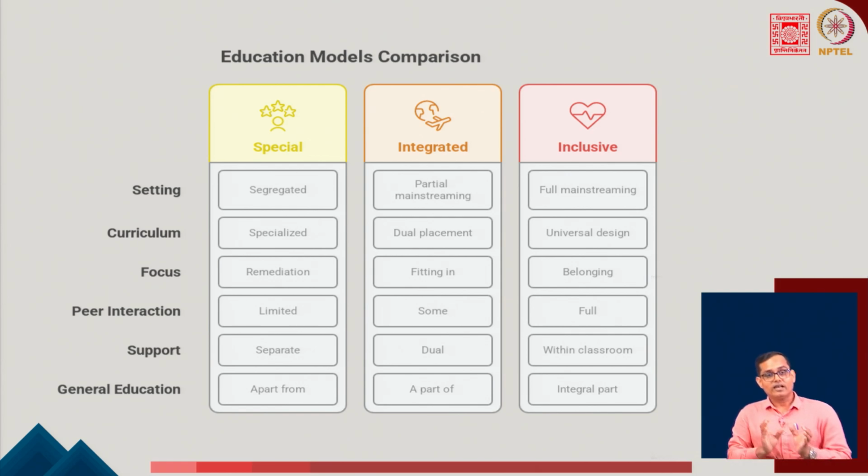So, as far as general education is concerned, special education is apart from, isolated from the general education system, but integrated education will be considered a part of the general education system, while inclusive education will be considered an integral part of the general education system.